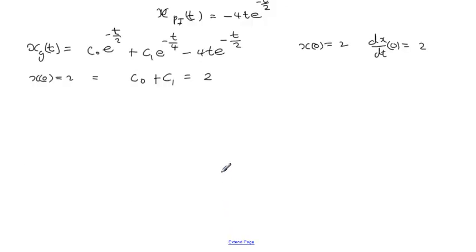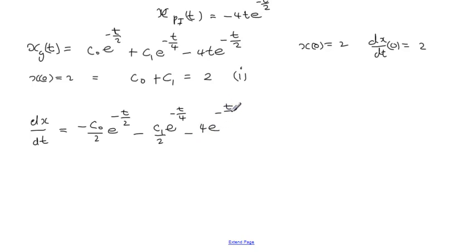Now we've got one equation there which we're going to keep, and then differentiating, getting the first derivative dx/dt, this will give us minus c0 over 2 e to the power minus t over 2 minus c1 over 4 multiplied by e to the power minus t over 4, minus 4 e to the power minus t over 2 plus 2t e to the power minus t over 2. That will be our derivative.